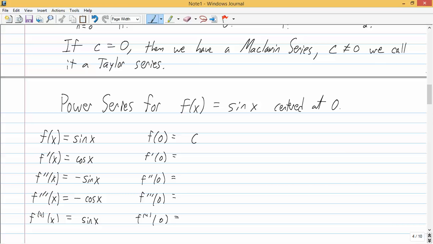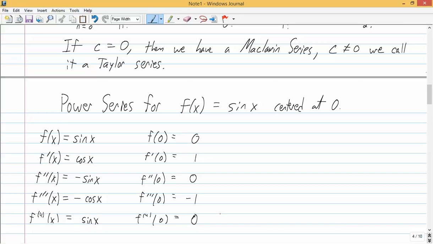F of 0 is 0, f prime of 0 is 1, f double prime of 0 is going to be the negative of sine of 0, which is still 0. Then the negative of cosine of 0, cosine of 0 is 1, so that's negative 1. And then the pattern starts back over. So 0, 1, 0, negative 1, 0, 1, 0, negative 1, over and over forever.